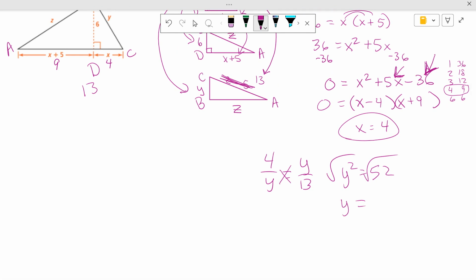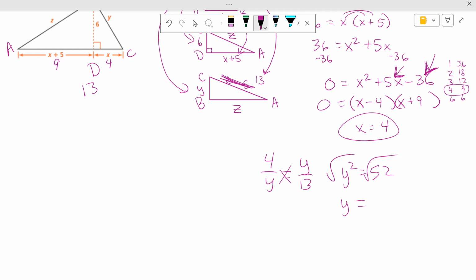But if they want simplest radical form on Savas, what is a perfect square that goes into 52? Our perfect square numbers are 1, 4, 9, 16, 25, 36, 49, 64, 81, 100, 121, 144, and so on.